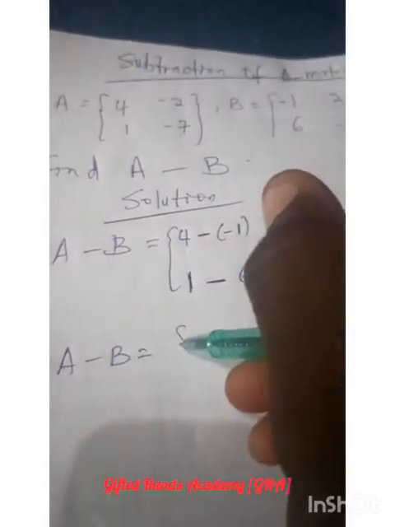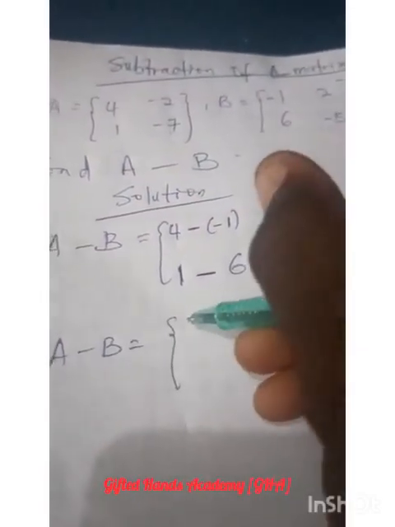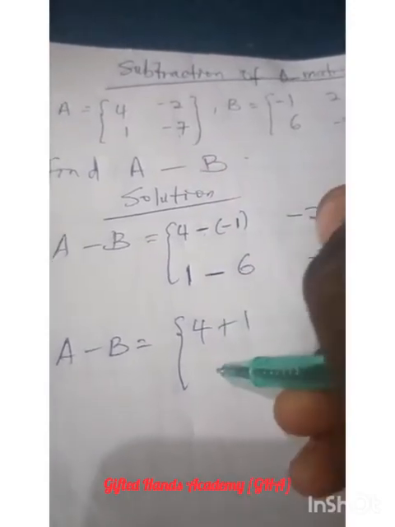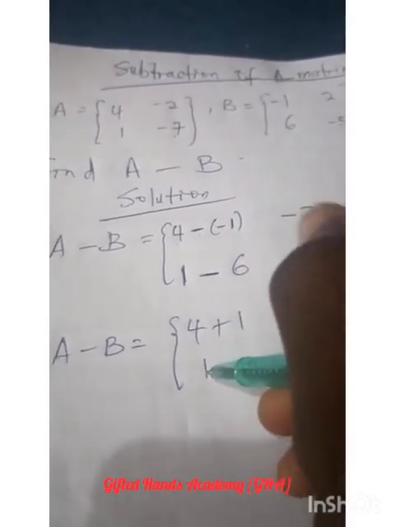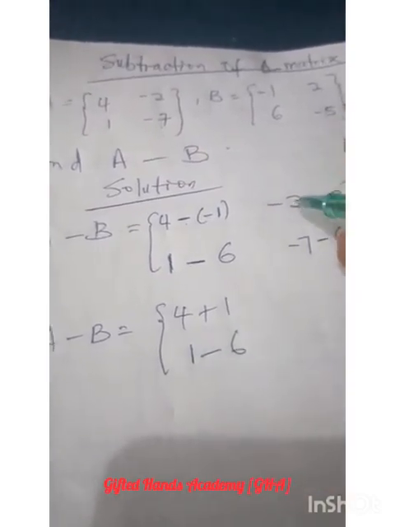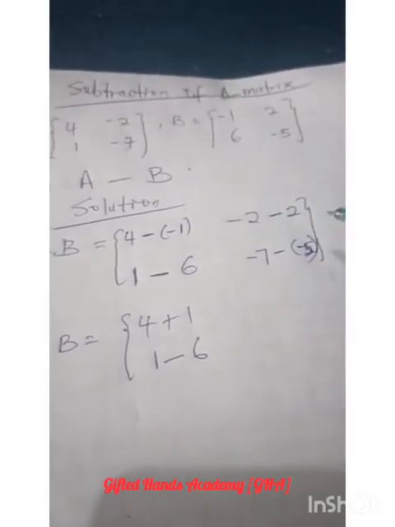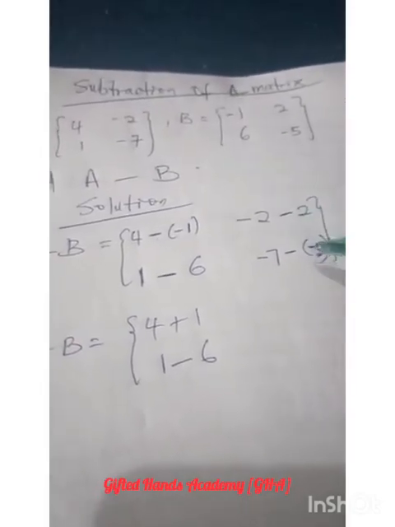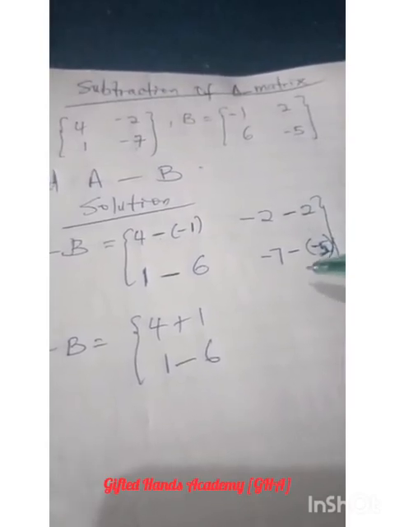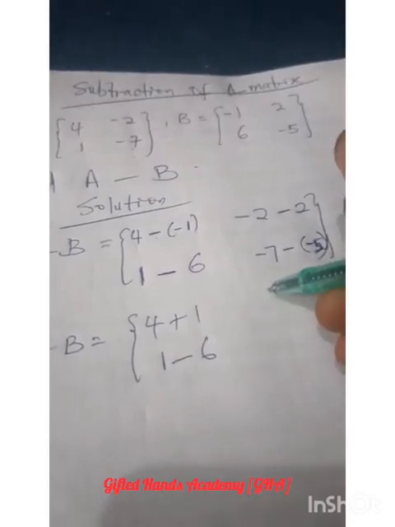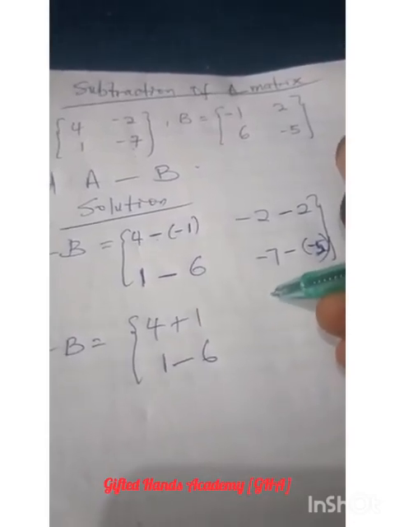So we have A minus B equals, so let's deal with the sign first. This is 4, minus times minus is plus, so this one now is 4 plus 1. Then I have 1 minus 6 here. Then for this place I have minus 2, minus 2. Minus 2 means you're owing me 2 naira. Minus 2 also means you're owing me 2 naira. So altogether you're owing me 4 naira or $4, as the case may be.